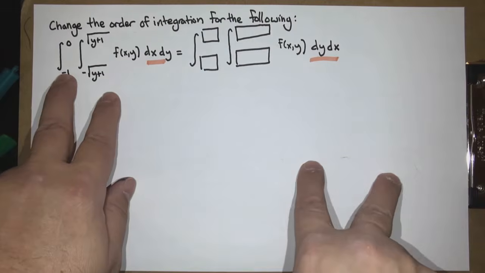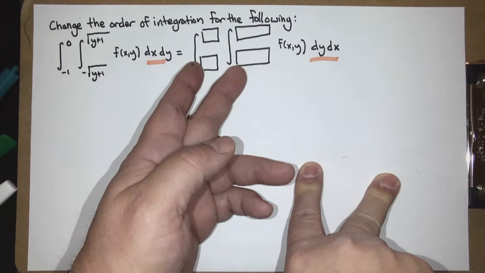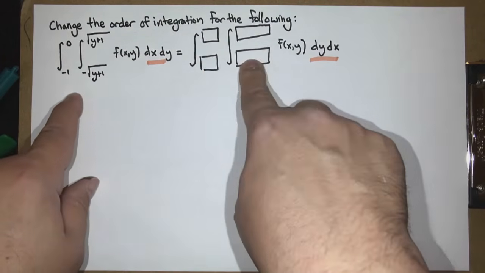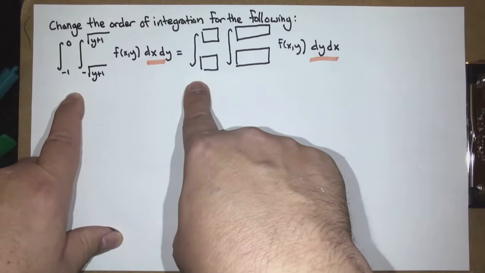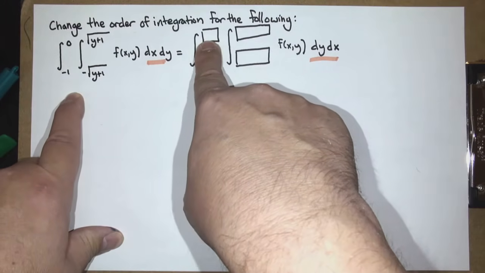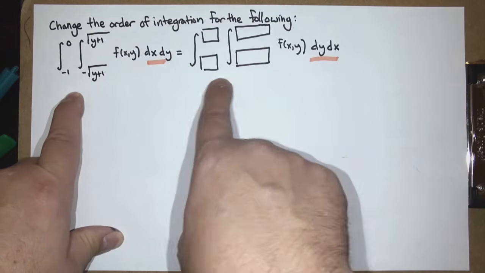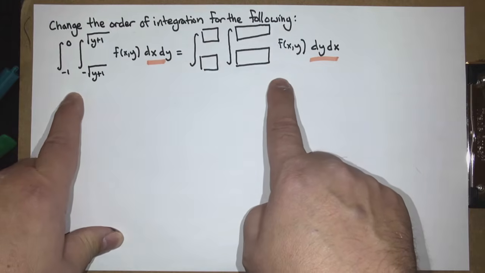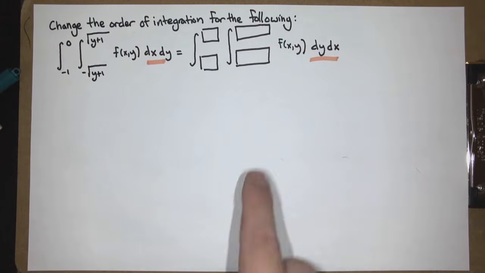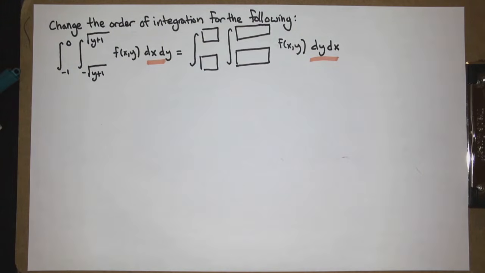What you don't do is just say, oh, I'll swap, and then I'll put a -1 to 0 here, and a minus square root of y plus 1 to square root of y plus 1 there. If you do that, you will lose lots of points. And we don't want to lose any points. We love all our points. They're all our precious.